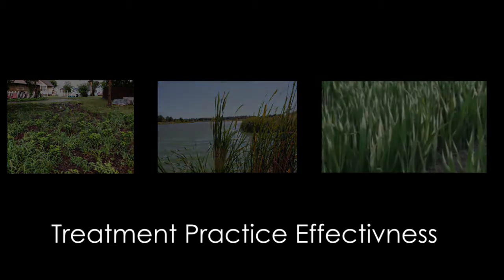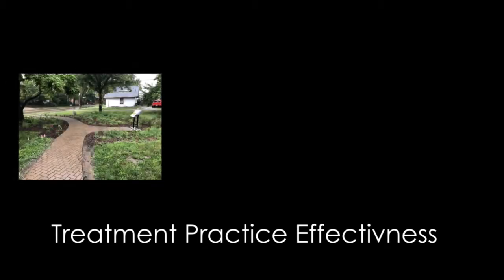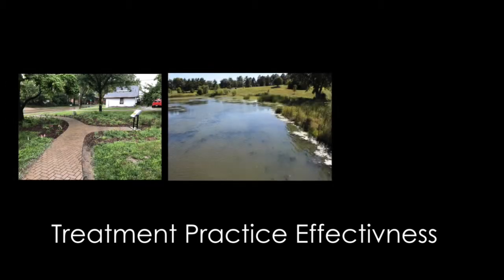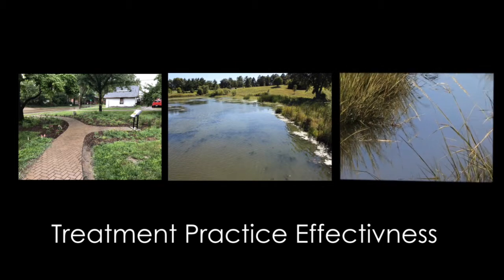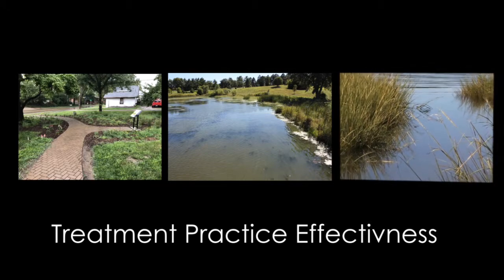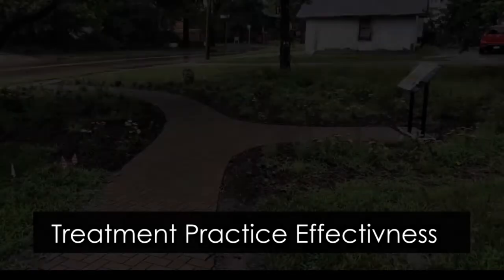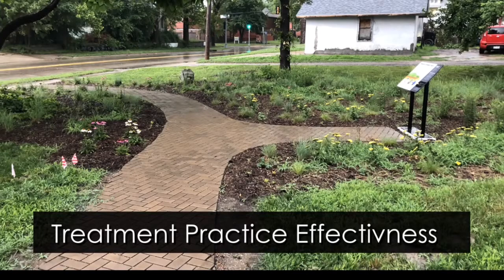In scenario 2, imagine having a rain garden before a wet pond before the runoff goes into a treatment wetland or a constructed wetland. In this scenario, the rain garden removes particles ahead of the wet pond, plus allows some of the water to infiltrate into the ground, which also reduces the runoff volume.